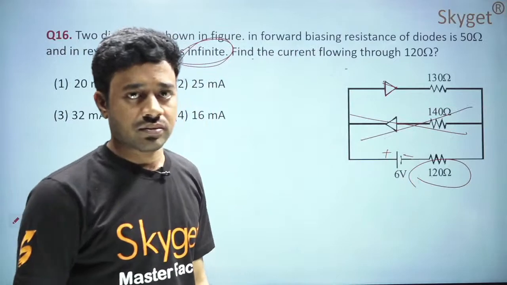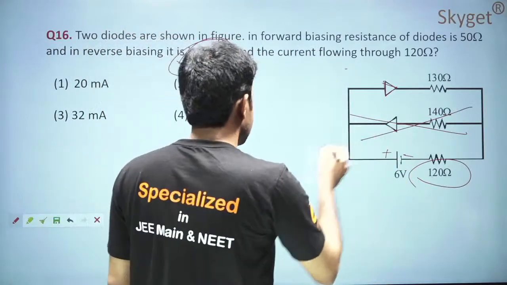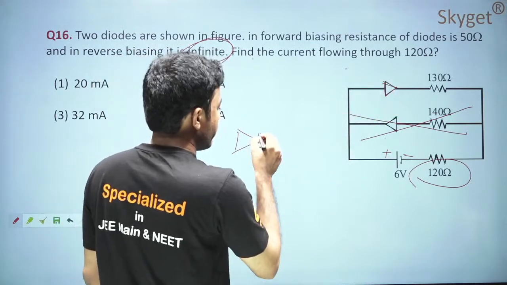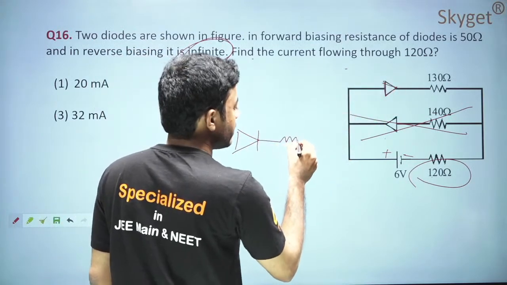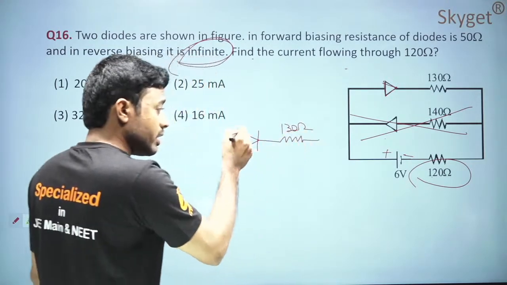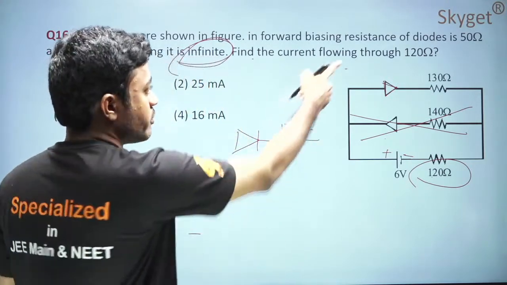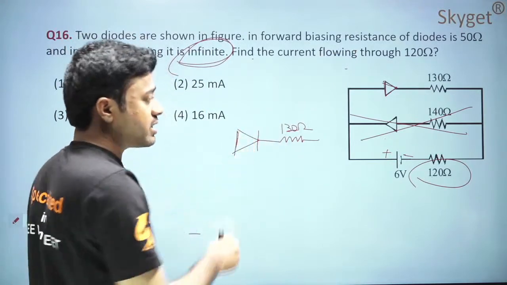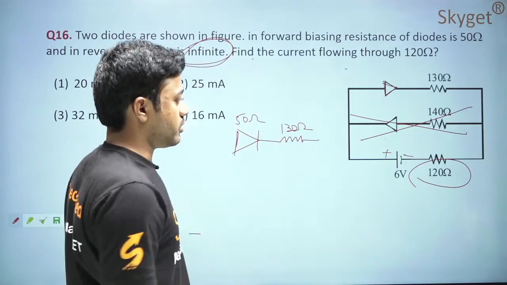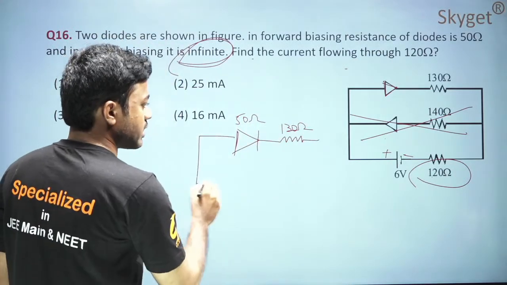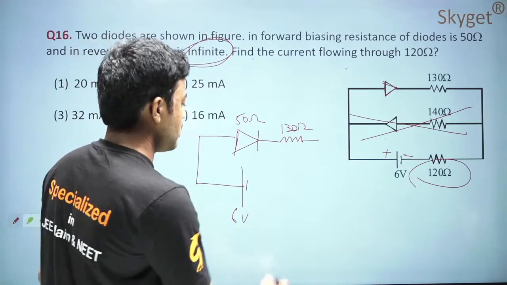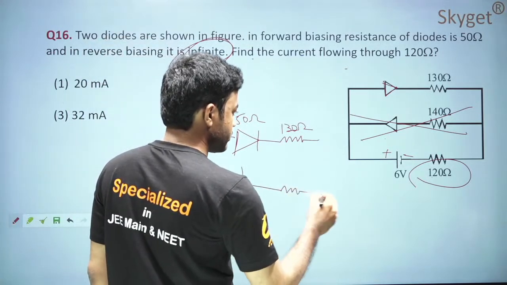So you have to consider only, see, I am redrawing the circuit, where the 130 ohm resistor is connected in series with the diode. The diode also has a resistance of 50 ohms because it is connected in forward bias. In forward bias the resistance across the diode is 50 ohms. Now it is connected to a source voltage of 6 volts.